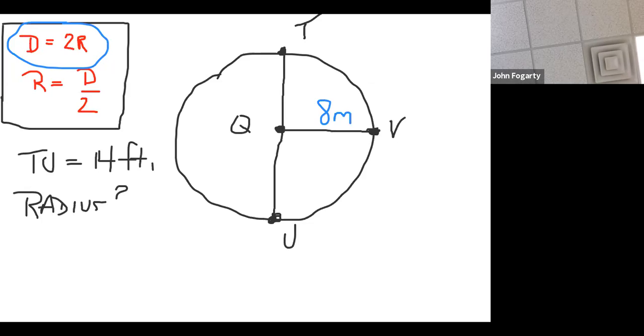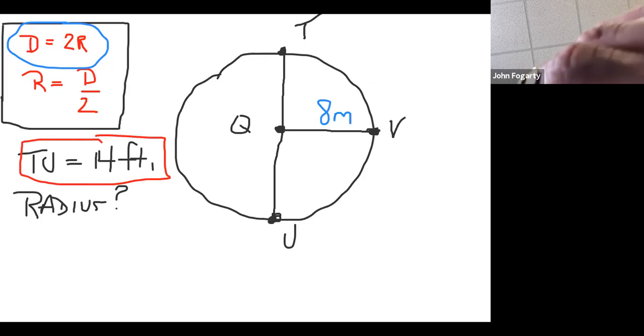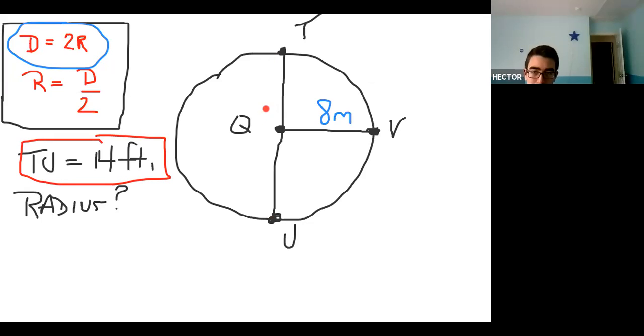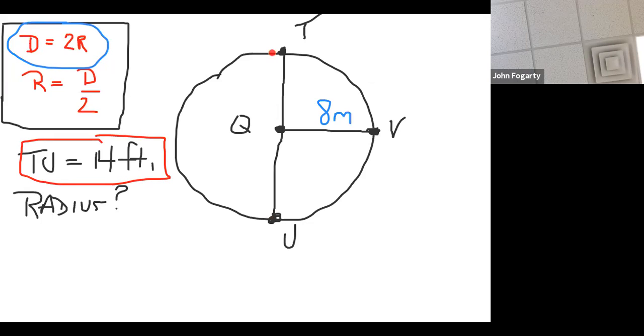Well, if I tell you TU, what is TU? Well, where's TU? Right here. Diameter. Yeah, TU is the diameter. So I'm telling you that the diameter is equal to 14.